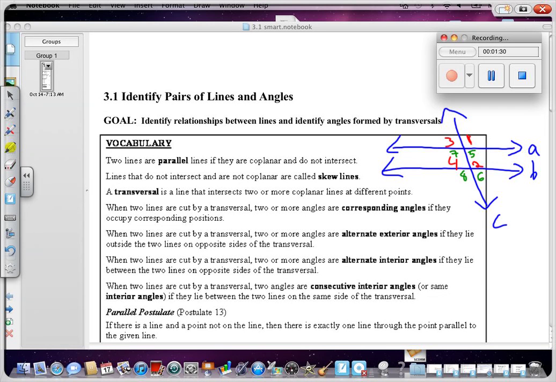Okay. We'll do more with it. Alternate interior angles are on the opposite side, but they're in between the two lines. So if we look right here, 5 and 4 are alternate interior angles. They're in between the two lines, but they're kitty corner from each other. Okay? What would the two other alternate interior angles be? 7 and 2.